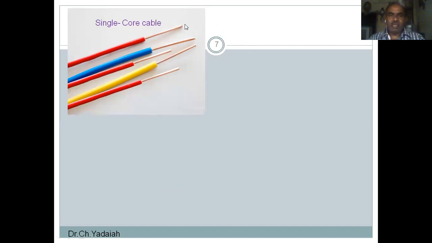Here is a single strand conductor. The cross section of the conductor depends upon the current capacity. So this is a single core cable. The insulation consists of only a single core. This is used for a single phase, whether it's a phase or neutral.